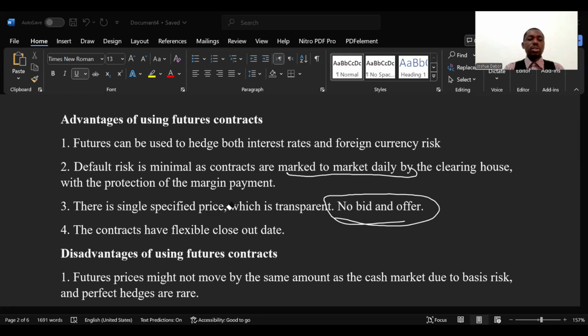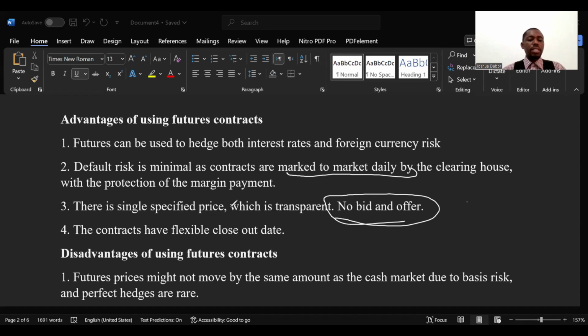Remember that your forward contract is an over-the-counter contract that you can go into the bank and negotiate with the bank. But for the futures contract, there is no negotiation. The market determines the price that every individual will either buy or sell the futures. So for the futures contract, you may have something like June futures, March futures, April futures, and you see the price for each of these futures. You see the price on the exchange.